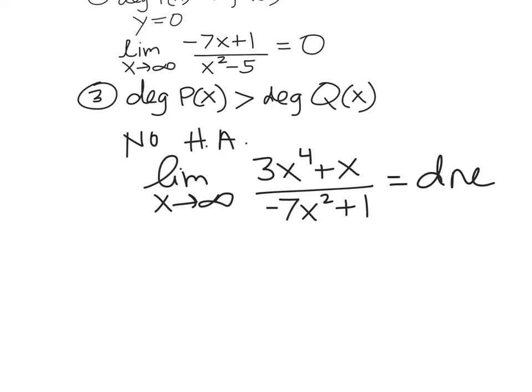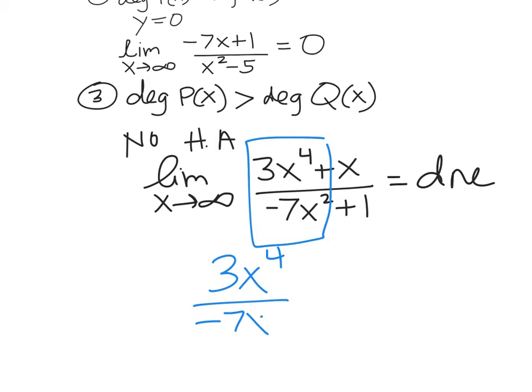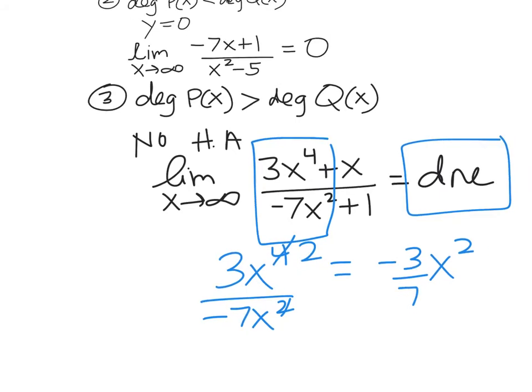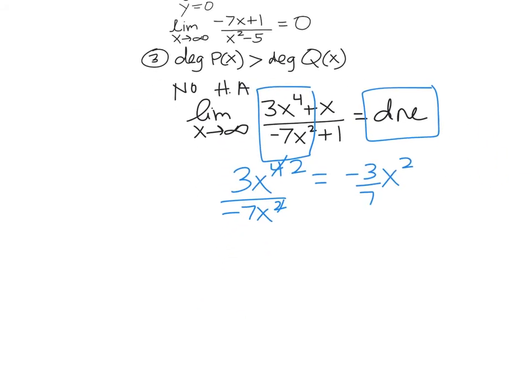It's almost like you just look at these two things, 3x to the 4th over negative 7x squared, and then you reduce them. So you really get negative 3/7 x squared. And so as you're going to infinity, this is actually going to negative infinity. But DNE is fine with me. Okay, that's what the book does. We'll go with that. All right, so those are your horizontal asymptotes. I hope you remember those, and you're going to do those rational ones just like that.